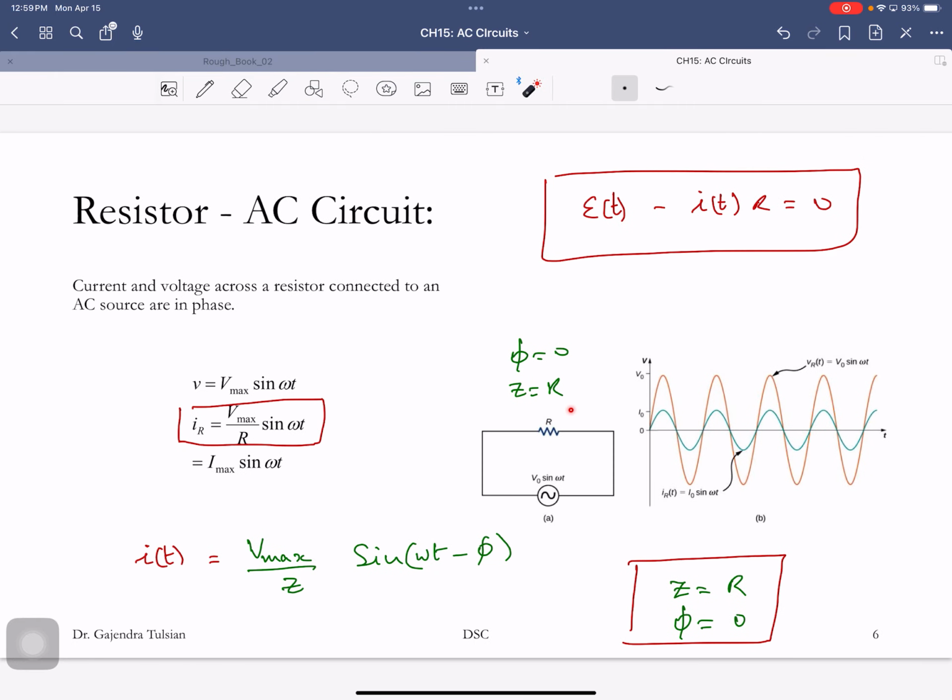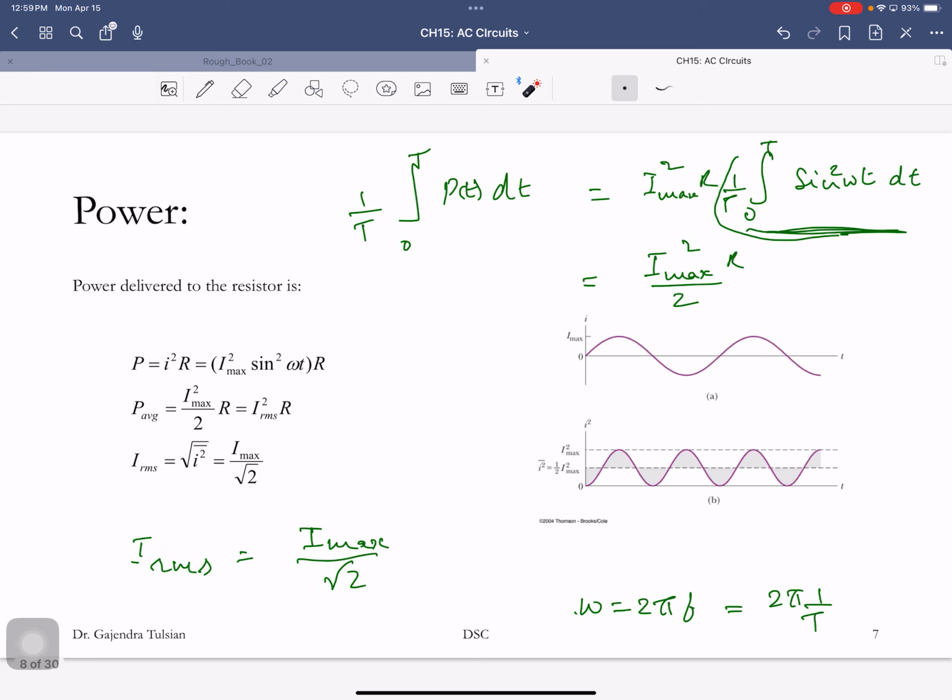How about this guy? Does its resistance change with frequency? Z equal to R. It's frequency independent. So this guy doesn't care if the AC voltage switches back and forth. The resistance is not frequency dependent.